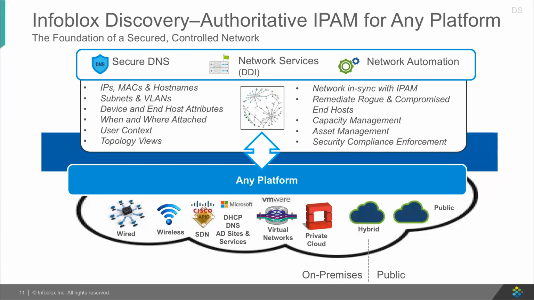So regardless of whether it's wired, I'm going across the bottom, wired, wireless, whether it's a new software-defined networking or SD-WAN architecture, if you're using Microsoft or DHCP DNS Active Directory sites and services, if it's a virtual environment like OpenStack or VMware, if it's public cloud, Azure, Amazon, GCP, or hybrid, our goal is to discover all of those things and bring in metadata and bring it into the IPAM system. And that's your authoritative IPAM.